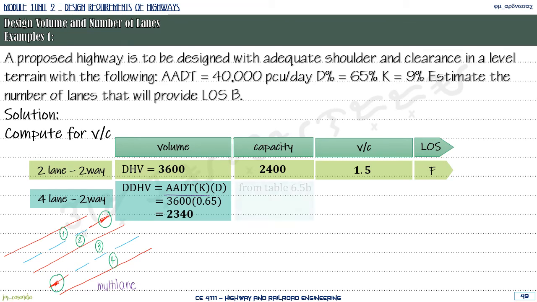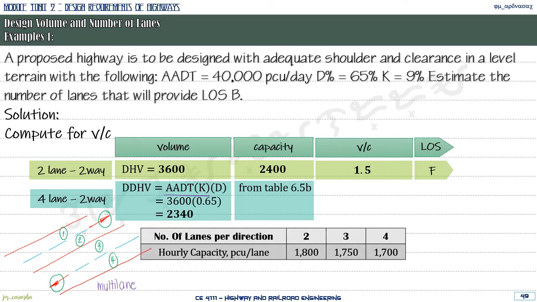And for our capacity, this will now be taken from table 6.5b. So we have this table already for a multi-lane highway. So we have to consider for a DDHV, we are only to consider which of the directions will contribute our traffic. So only one direction. So we'll choose this direction. Okay.